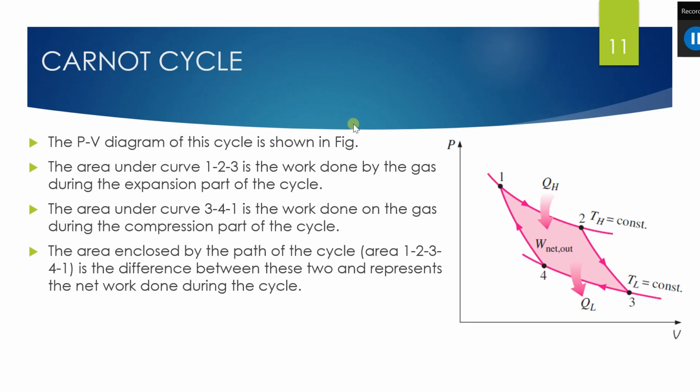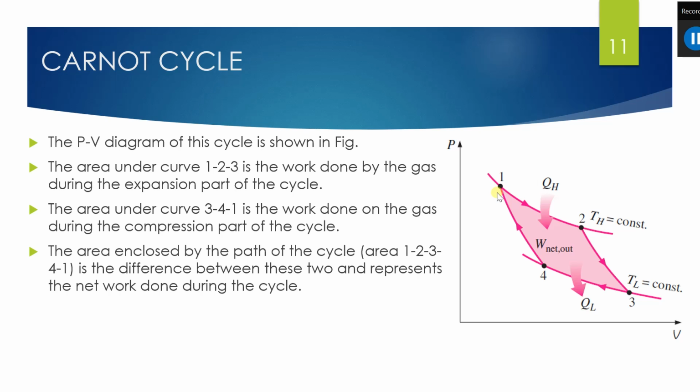So the figure shows the pressure-volume diagram of a Carnot cycle, and in this the area under the curve 1, 2, 3 gives the total work done by the gas during the expansion part of the cycle. Okay, and the area under the curve 3, 4, 1 shows the work done on the gas during the compression part of the cycle.